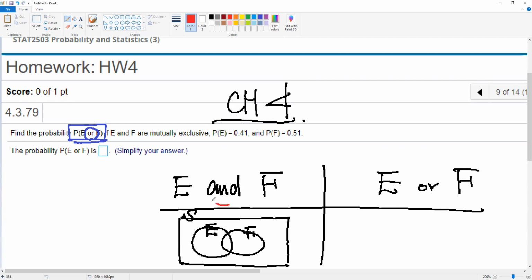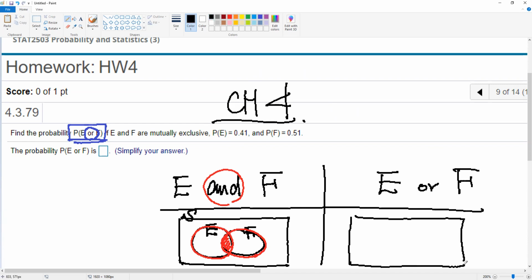and E and F is in the middle. Okay, let me make the Venn diagram again: the rectangle, sample space, event of E, event of F. Now the or means E or F. So simply we just add the left one and the right one, and additionally the middle.